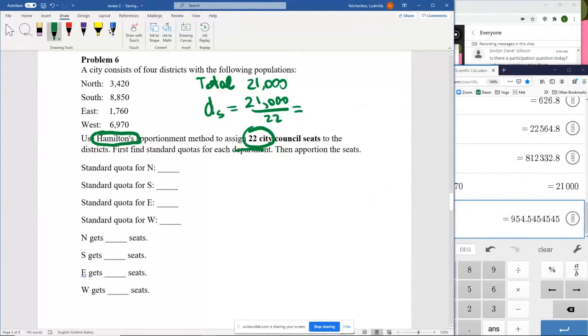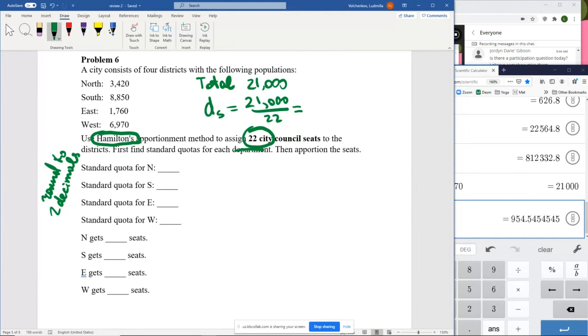Here, how many digits do we need? For standard quotas it will be a number plus 2 decimals. The number of seats is more than 10, so 2 digits before the point and 2 digits after the point.